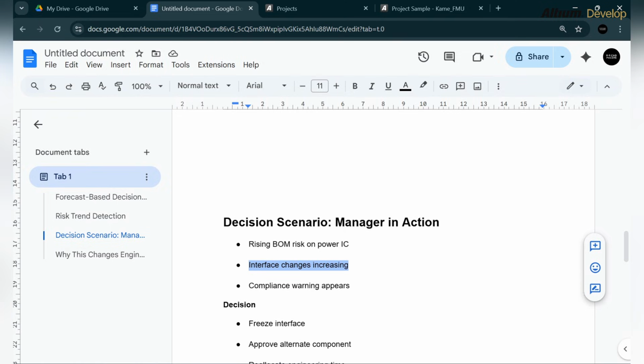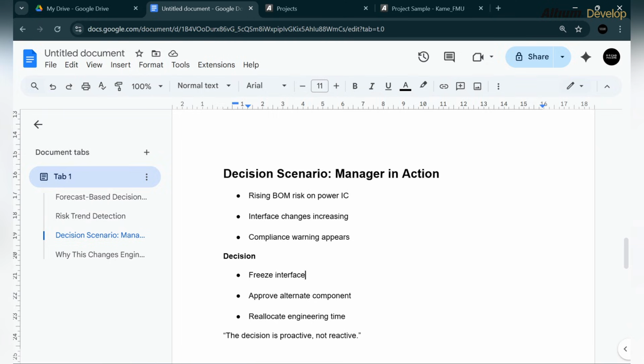As we discussed in our previous videos, we have some SSR boards which are linked to the MCU board. If interfacing is missing, the manager doesn't need to look at the logic of the circuit. They just need to count the interfaces, and they get the answer about what is missing.